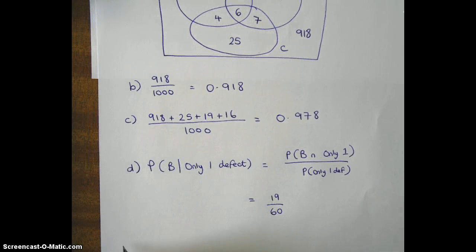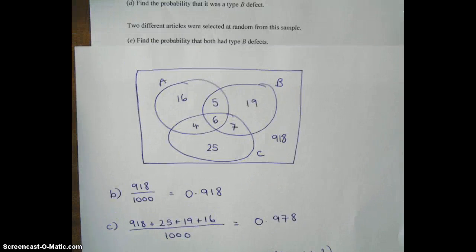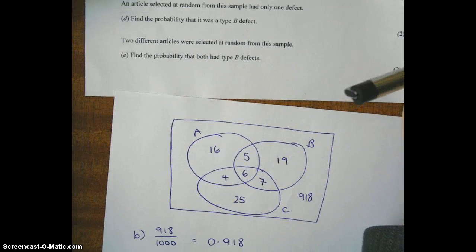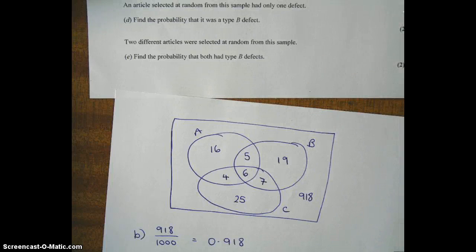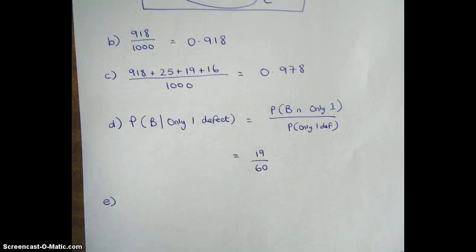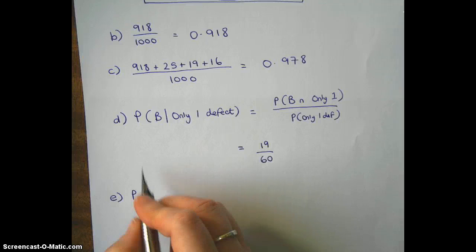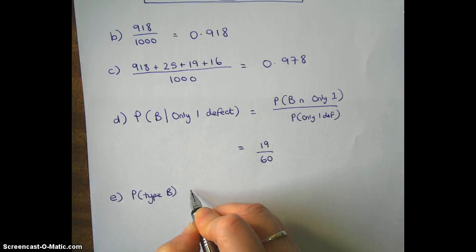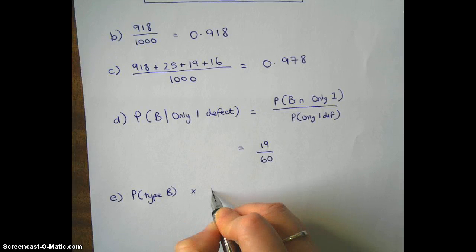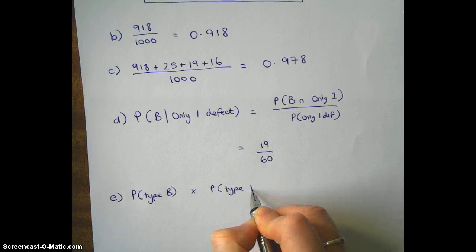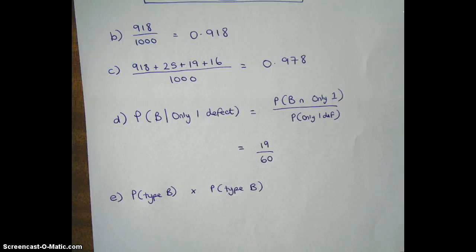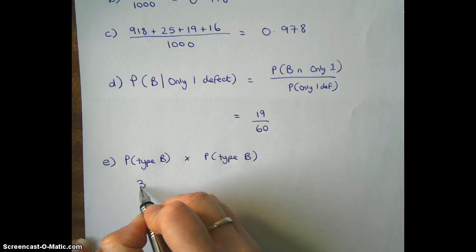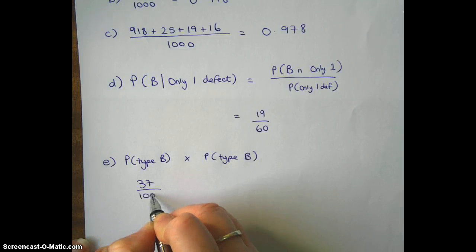Part E says 2 different articles are selected at random. Find the probability that both had type B defects. So we're saying the probability of a type B from one, and then the probability of another type B. The probability that any article you pick has a type B defect is going to be 37 of them out of 1,000.